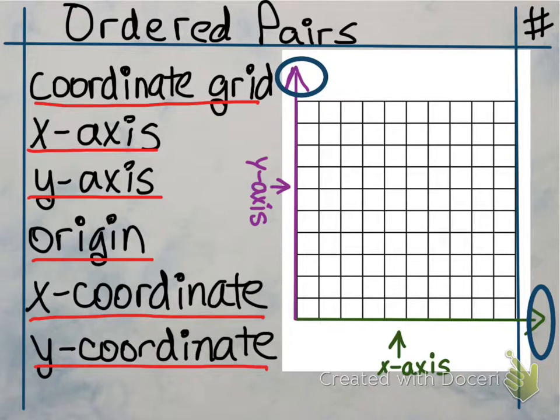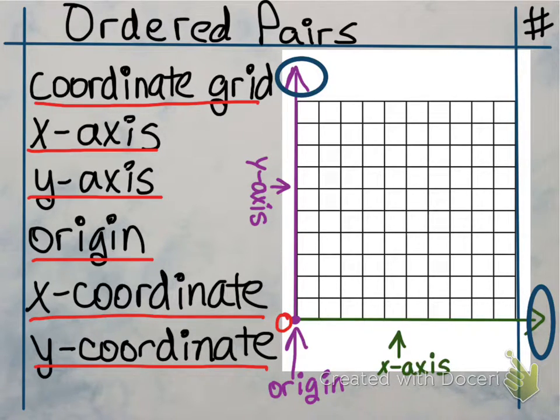We use these axes to find our coordinates, and where these two lines intersect, we call that the origin. So right there would be the origin.